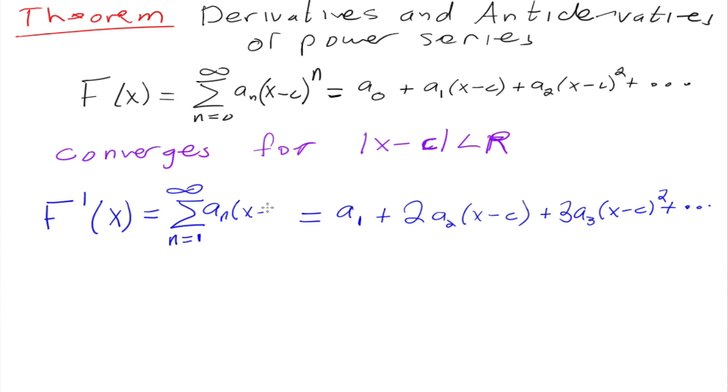There has to be an n, because every term is going to get multiplied by n. So n times a sub n times x minus c to the n minus 1. Which is basically what you get if you take the derivative of this as a sum: you bring down the n, subtract 1, and you get exactly that, right?